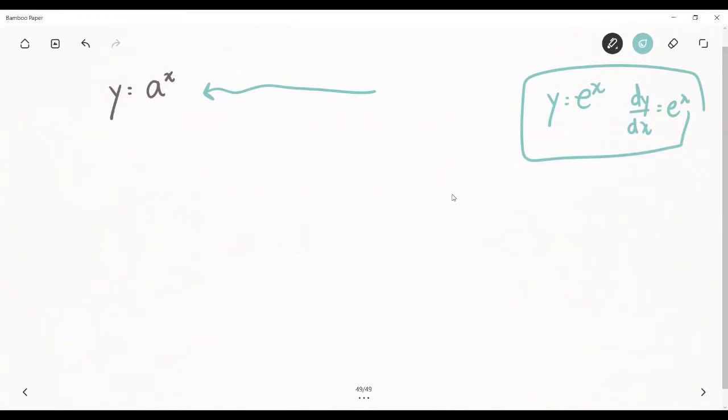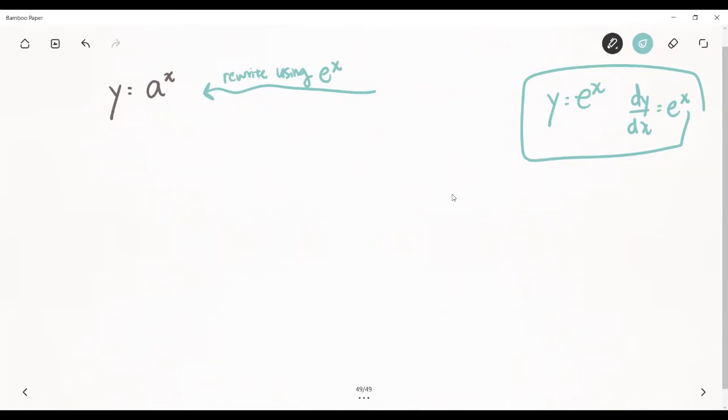Is it possible to rewrite this exponential that has base a using e to the x somewhere in it? Because if we did have that, now it's something maybe more approachable. So let's think about that now.